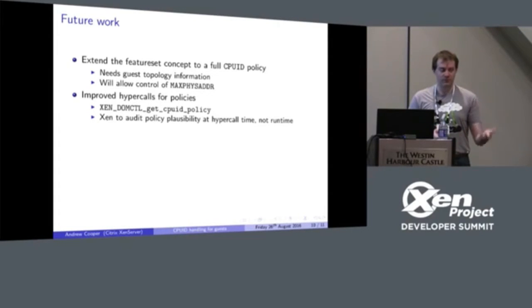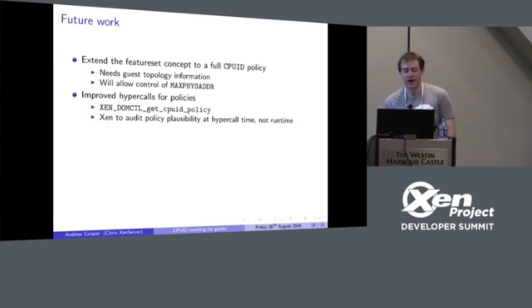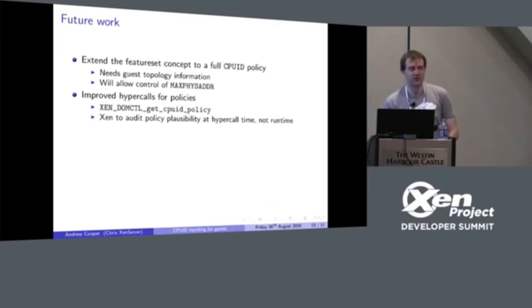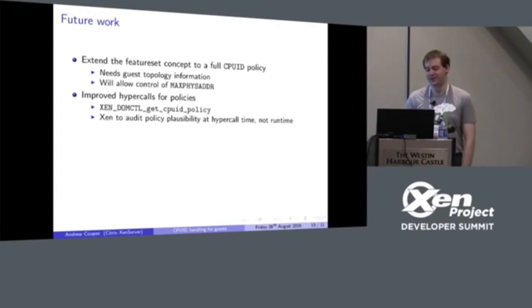So you provide a policy in the hypercall, run a lot of logic in the hypercall to say, is this a valid policy or not? And if no, you can reject the hypercall. But the result is it means that the cache of information in the hypervisor is definitely correct, and we can drop a whole lot more runtime checking that we are currently doing.